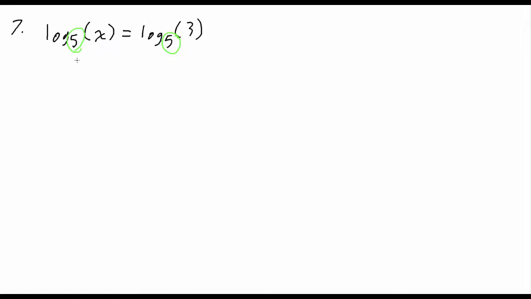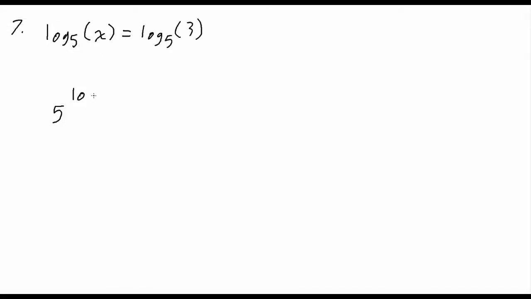So you just exponentiate both sides of this equation, which basically means you put a 5 on both sides, and then you make both sides of the equation into the exponents.